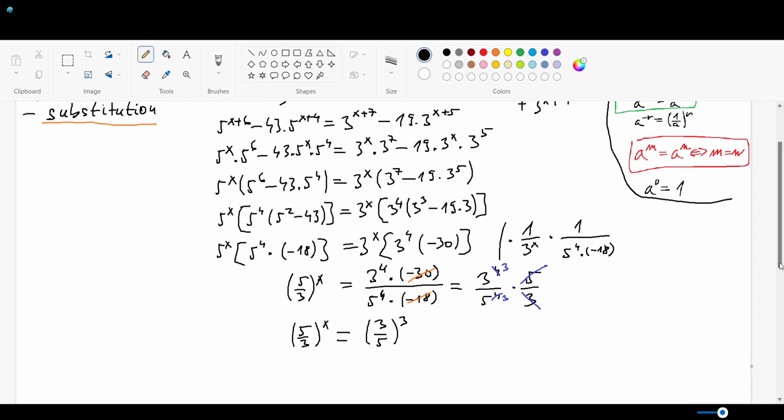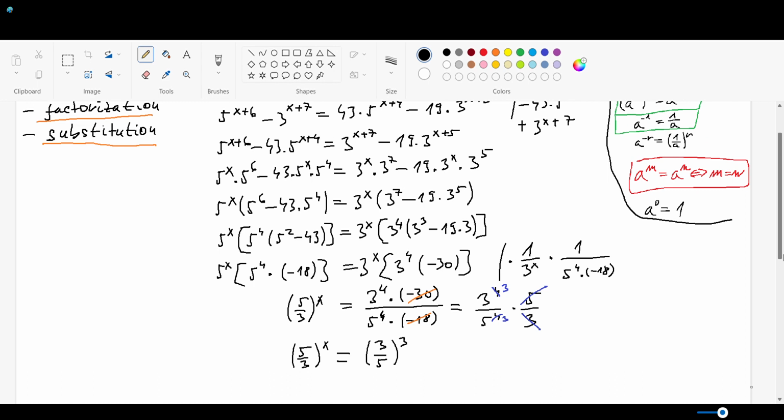Let me just scroll a little bit up so that I can show you. This expression can be written by using this formula, and this is really equal to 5 over 3 to the power of negative 3, and we finally came to this one.